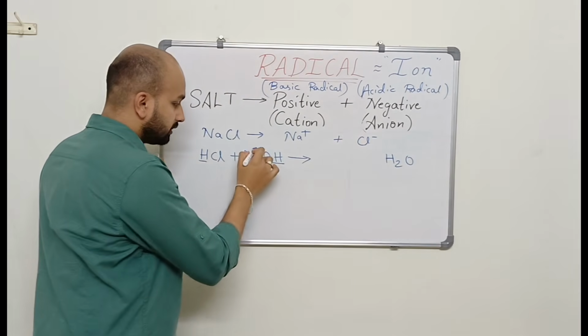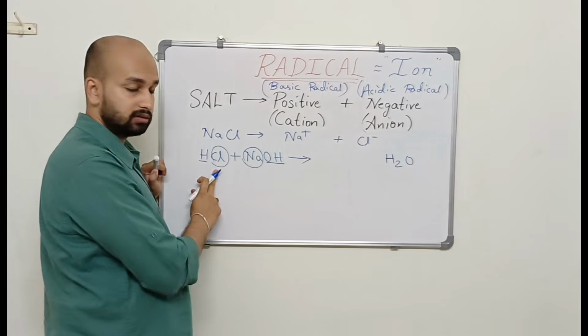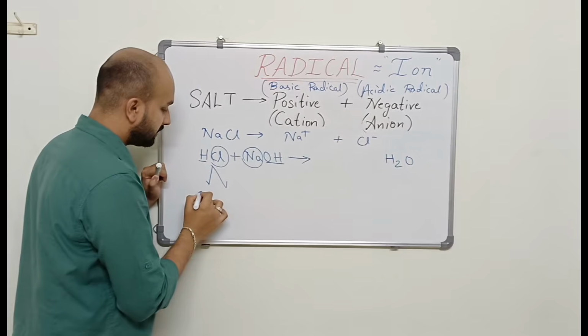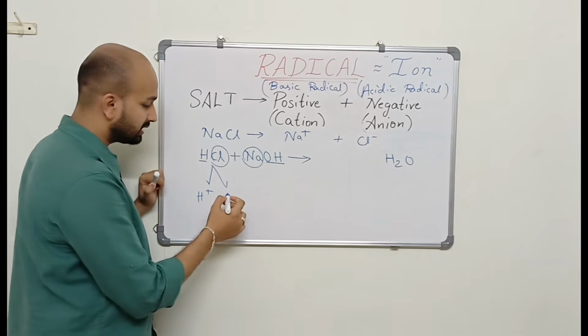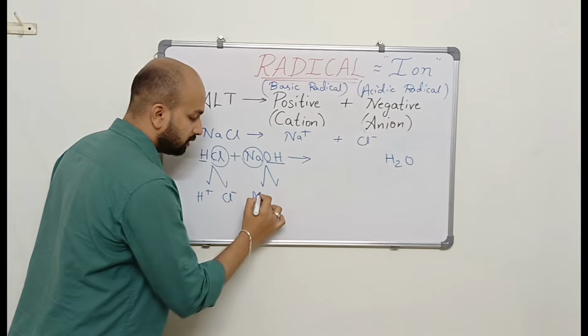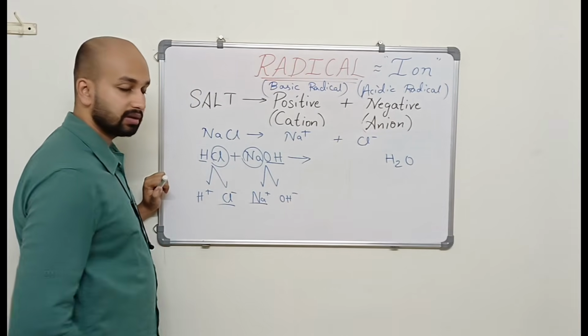But what is left here? One is Na, another one is Cl. Now see, when you remove H+ from this, the other part that you're going to get is Cl-. And from here, if you remove OH-, the other part which is going to be left is Na+.